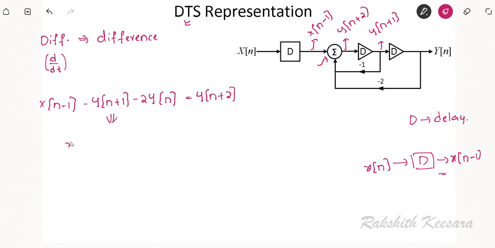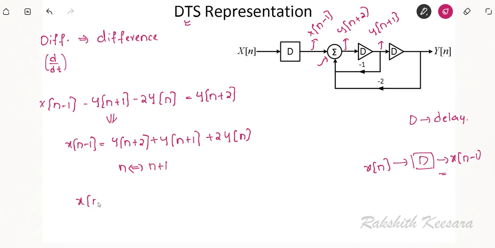I can write this as x of n minus 1 is equal to y of n plus 2 plus y of n plus 1 plus 2y of n. Now I will replace n with n plus 1. The answer will be x of n is equal to y of n plus 3 plus y of n plus 2 plus 2y of n plus 1.